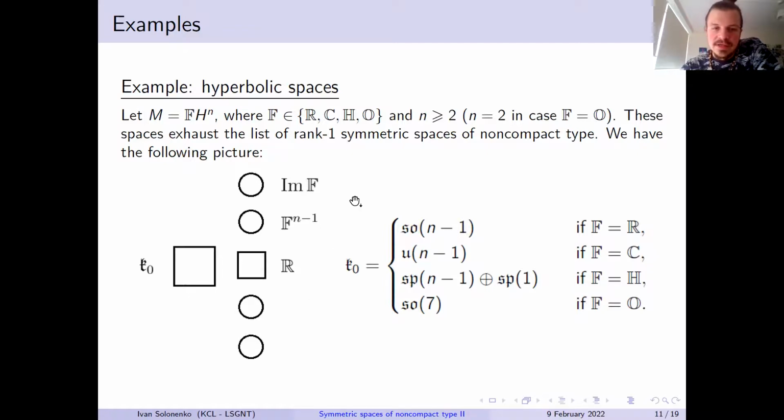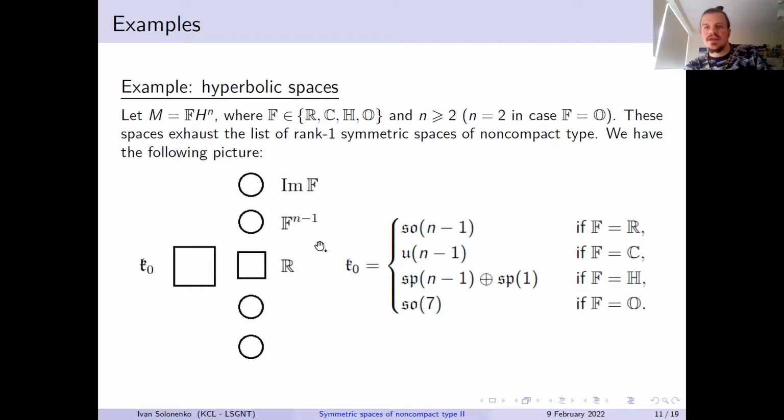If F is C, H, or O, then the root system is BC_1, and you have this 2 alpha root, and its dimension is the dimension of your base algebra F, minus 1. So in the case of complex numbers, this g_{2 alpha} is of dimension 1. In the case of quaternions, it is of dimension 3, and in the case of Cayley numbers, it's of dimension 7.